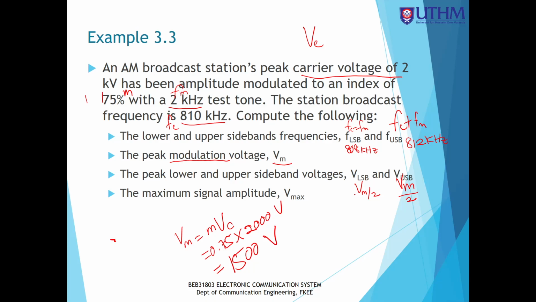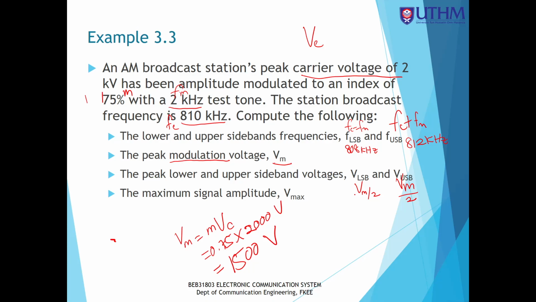Okay, so therefore the next question asks about the peak carrier voltage. Okay, so the peak carrier voltage. So remember when we want the peak carrier voltage, so that means this one is V peak.